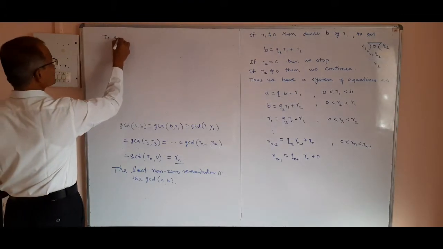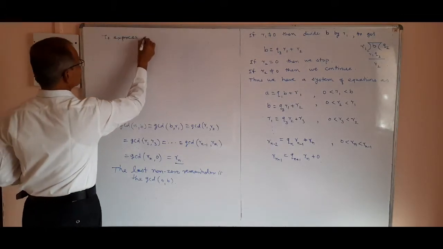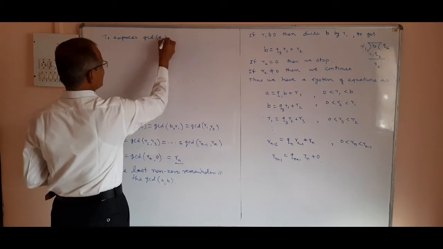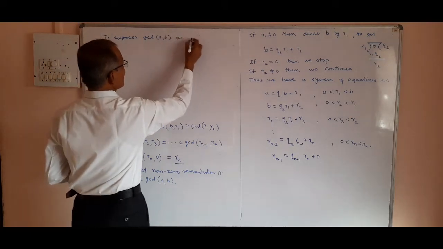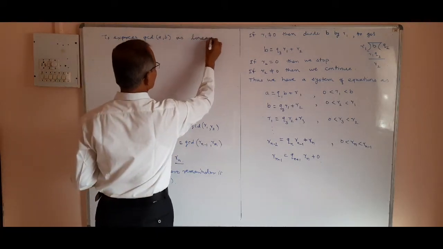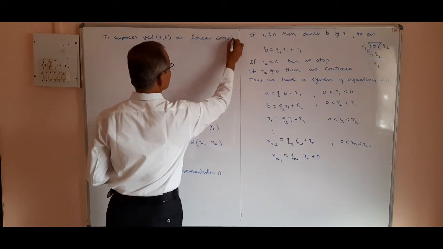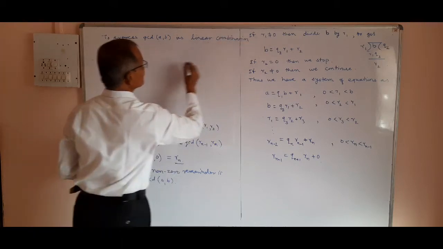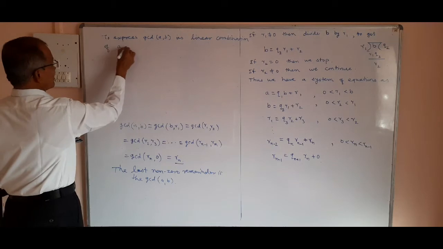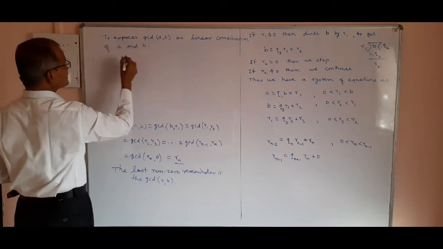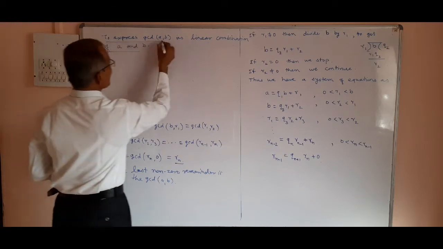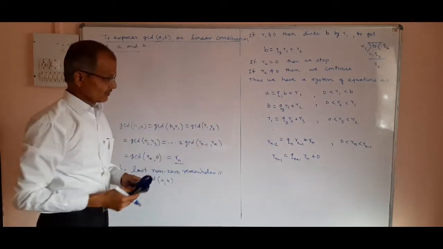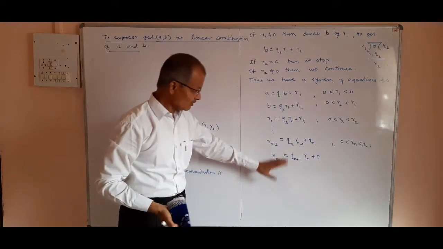To express GCD of A, B as a linear combination of A and B, we can consider the second last equation. Second last means second from last.